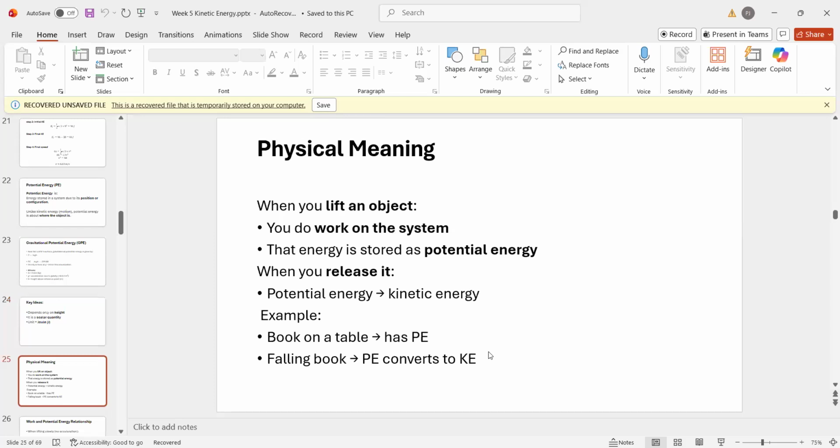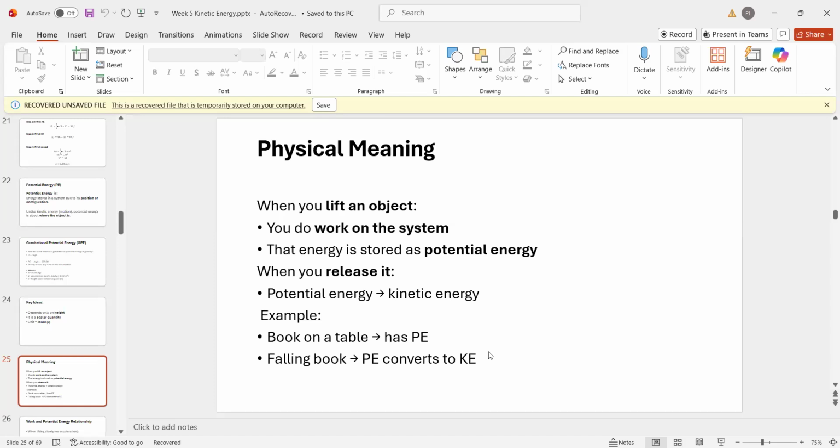So when you lift an object, you do work on the system. That energy is stored as potential energy. When you release it, the potential energy is changed to kinetic energy. Let's take this as an example. You have a book on your table right now.